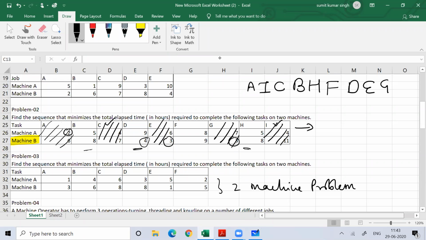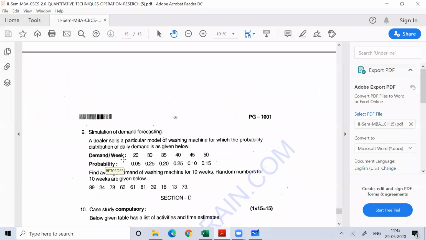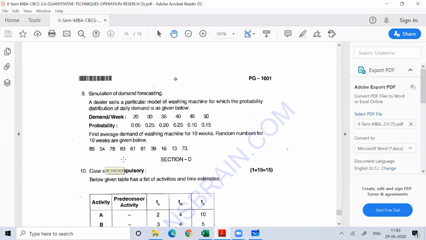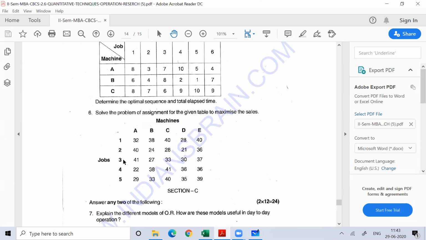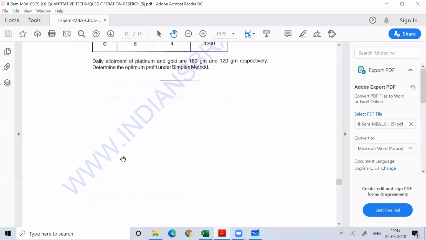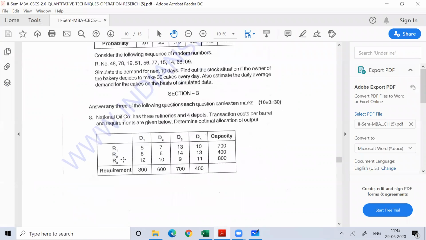This question also came in your exam. In which year was this question there? One minute, I'll show you.